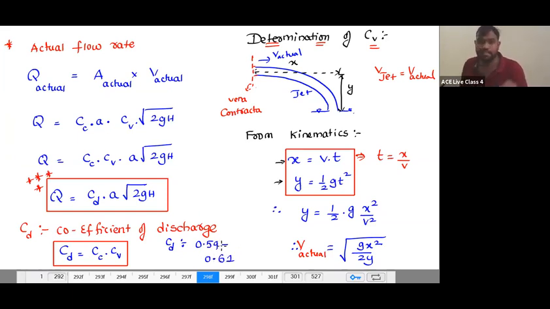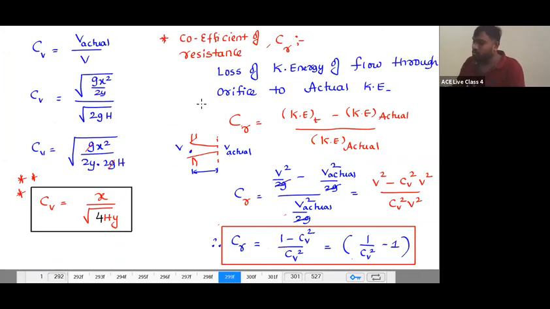So the range of the Cd is 0.59 to 0.61. So if you keep this much Cd, then the actual discharge is different from the theoretical flow rate passing through the orifice. Okay. So now these are the different types of coefficients, and that's what you need to learn from the orifice.